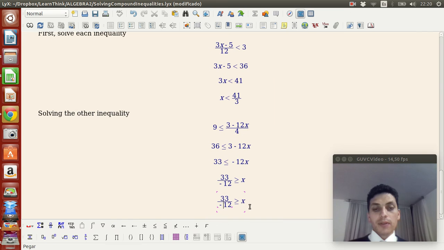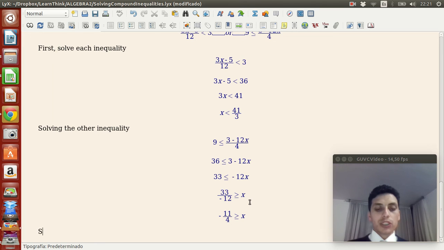A third of 33 is 11, and a third of 12 is 4. Minus 11 fourths is greater than or equal to x. So we have two solutions. X is less than 41 thirds, and minus 11 fourths is greater than or equal to x.